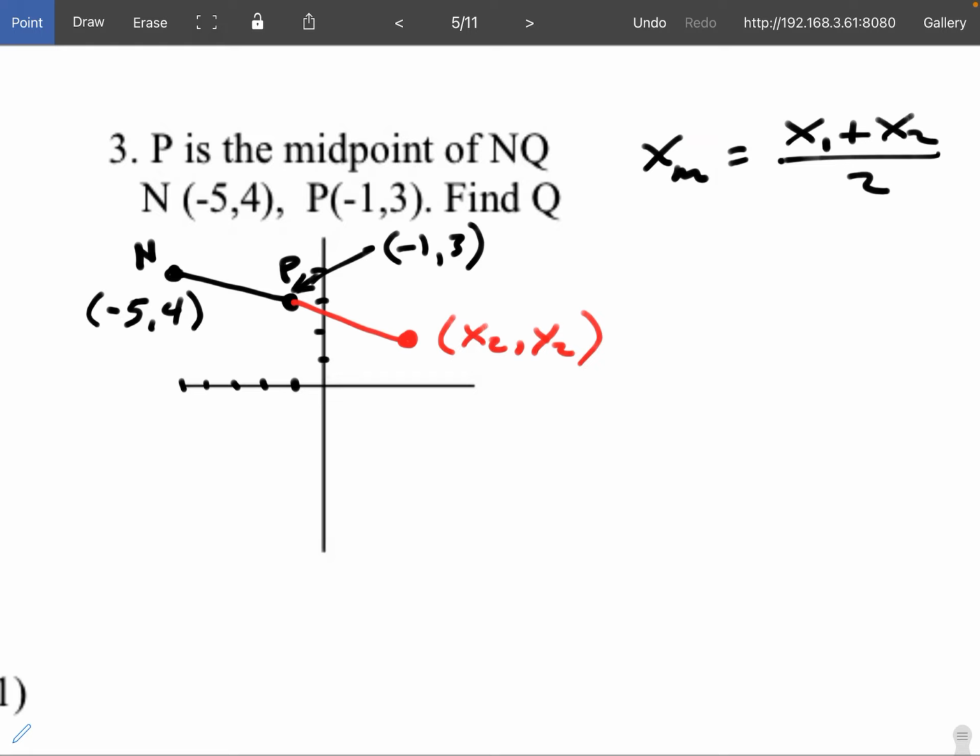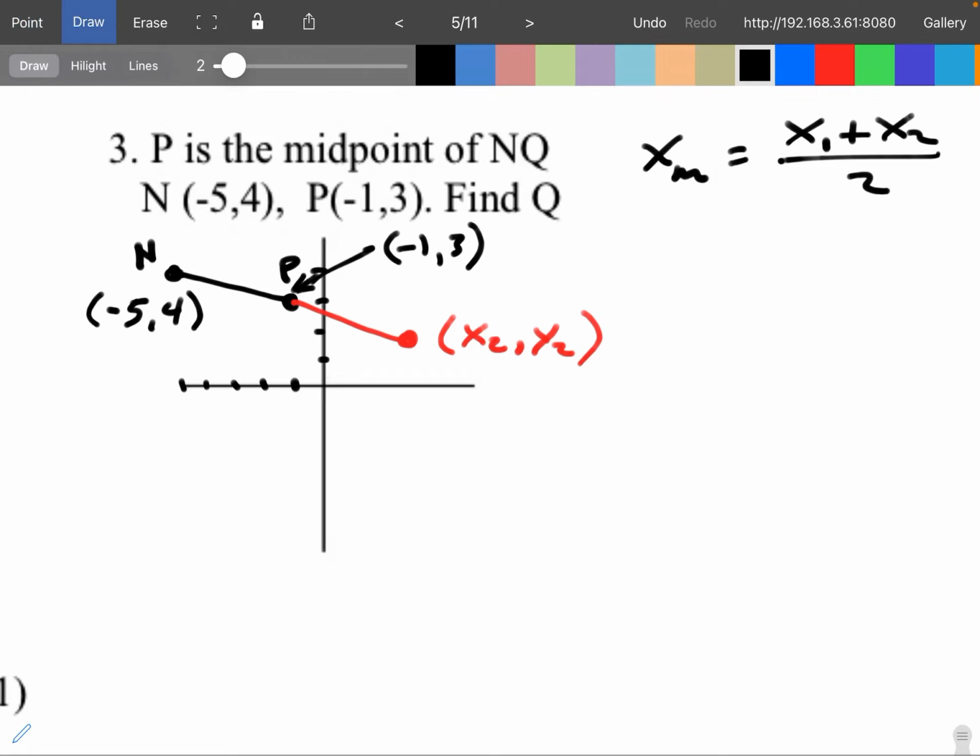So what I'm trying to tell you guys is if you do the x-coordinate of the point in the middle, let's call that x sub m. If I add the x-coordinates of the endpoints and divide by 2, that will give me the x-coordinate of the midpoint. So let's plug in what we know. What is the x-coordinate of the midpoint? -1. Yeah, it's right here, right?